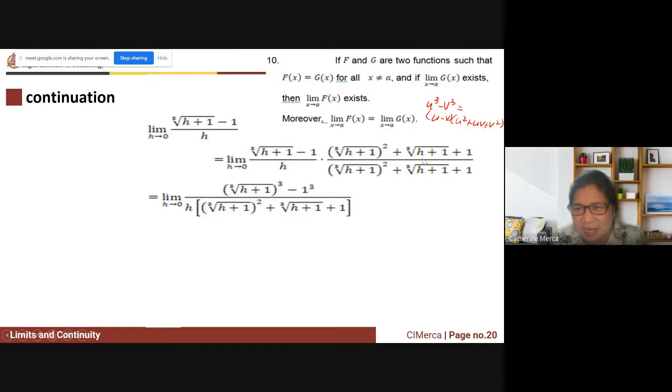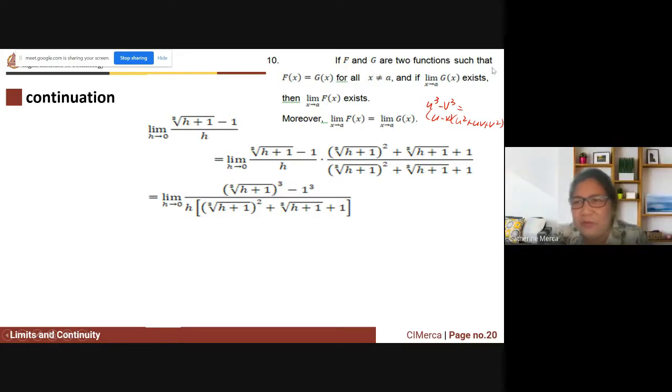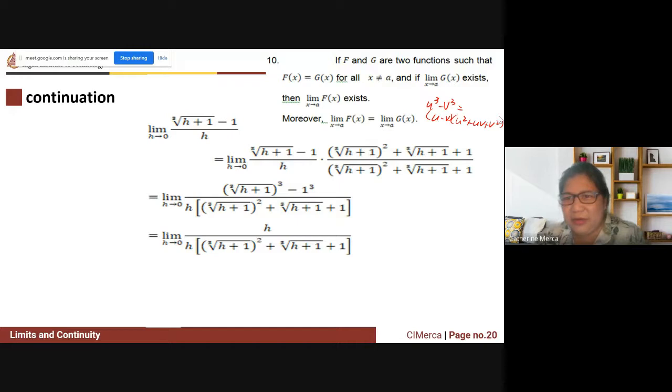Dapat plus na the product of this one and that one, which is the cube root of h plus 1 plus 1. And then the square of this one, which is 1, okay? So, if you are not familiar with this one, as I've said, this is a formula, you can multiply these two. Verify natin para ma-convince ng uban niya maugid na siya ang formula. Let me see.